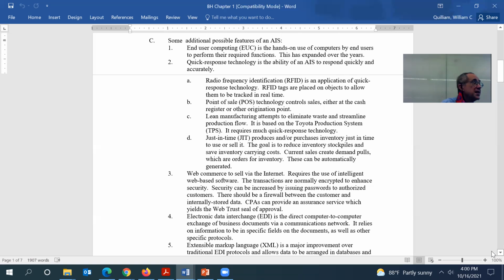More and more today with end user computing, we can control the sale on our own computer. So again, that has excellent benefits, or it can be a security problem too. So if we're buying something over the internet, we're dealing with point of sale technology. If we're ordering something from Publix to be delivered at home, we're dealing with point of sale technology.